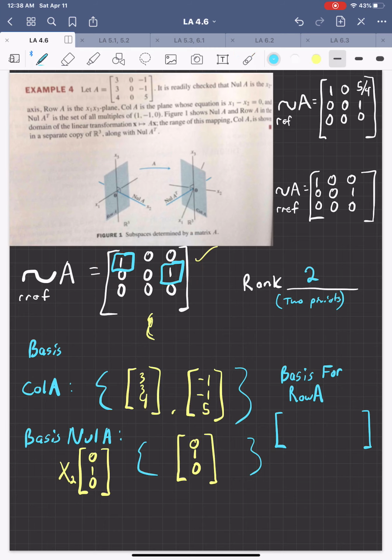Okay, so that's going to look like this. Apologies, let me use my braces here. So let's do 1, 0, 0, and 0, 0, 1. There you go.